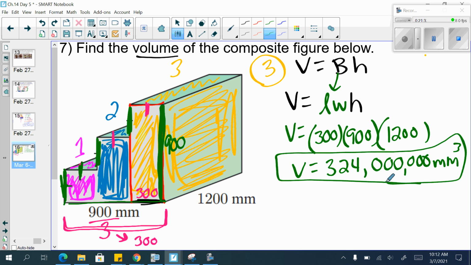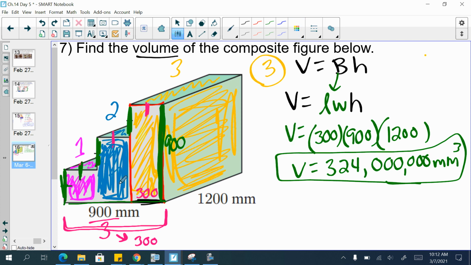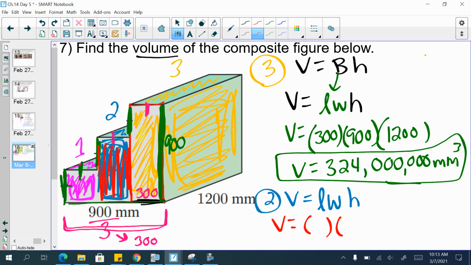So let's take a look at this middle section here that I highlighted in blue. It's another rectangular prism, so we're going to have to do area of the base again times the height. So let's look at the front of this. What should we use, do you think, for the length and the width of this?